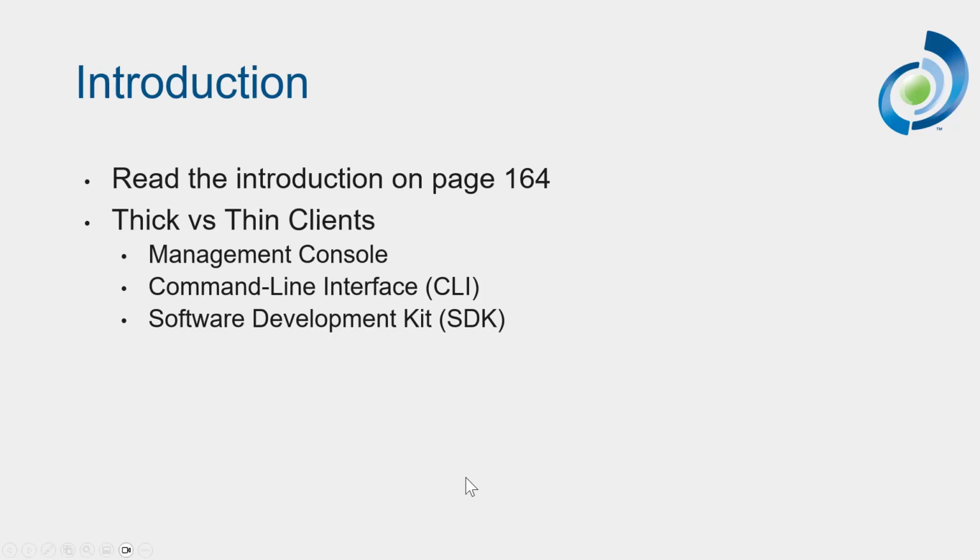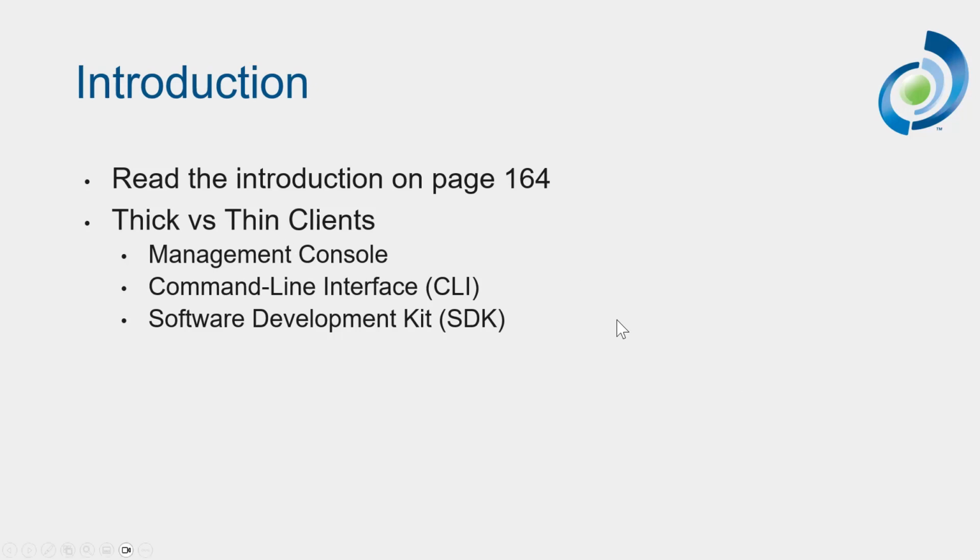And then that also brings up our conversation around command line interface and software development kits. So CLI is when you access your cloud environment from a command line interface. There are several reasons that we would want to do that.